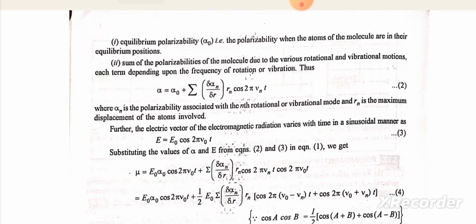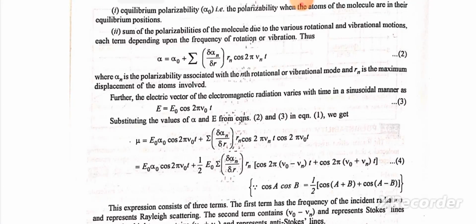Substituting the value of alpha and E from equations 2 and 3 in equation 1, we get mu is equal to E naught alpha naught cos 2 pi mu naught t plus summation of change in alpha n upon change in Rn, multiplied by Rn cos 2 pi mu naught t cos 2 pi mu n t.